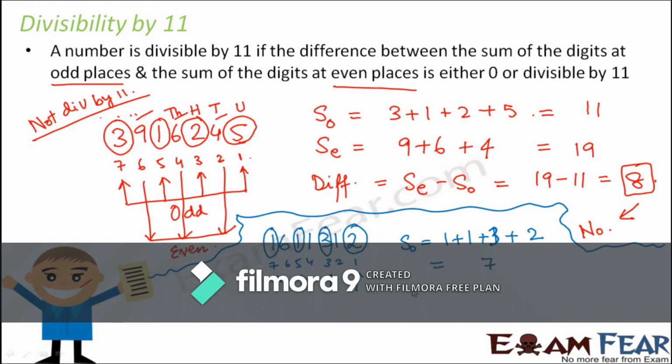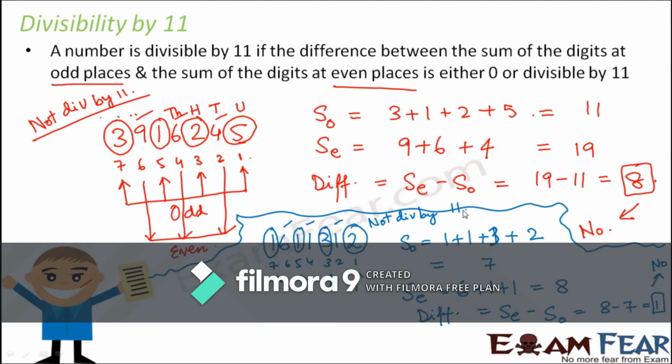So this comes out to be 7. Now the sum of the digits at the even places would be 6, 1, 1, that is 6 plus 1 plus 1, which is equal to 8. Now when you look at their difference, the difference is SE minus SO, which is equal to 8 minus 7, that is equal to 1. This one is again not divisible by 11, therefore the number is not divisible by 11.